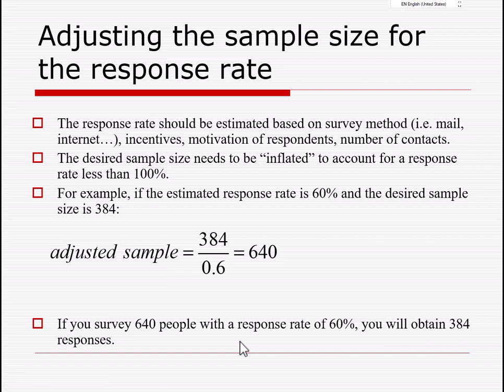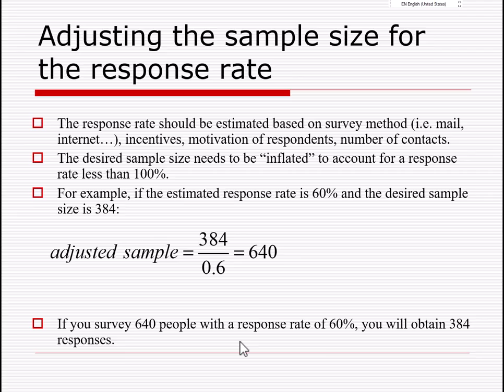You can also adjust by the expected response rate, and you can apply both finite population correction and response rate adjustments if your population is small. Okay, so this is essentially inflating your number of participants so that once you account for the response rate, you get the number of participants you need for that specific margin of error.